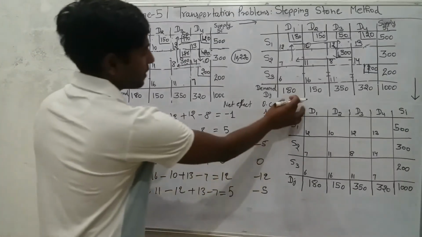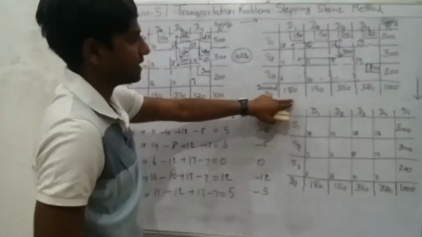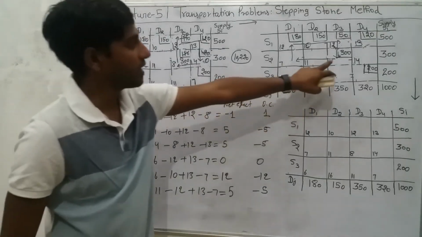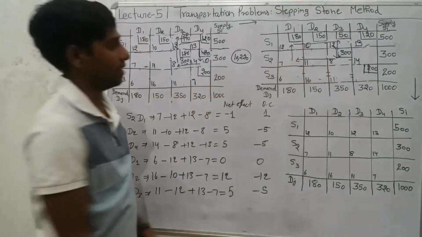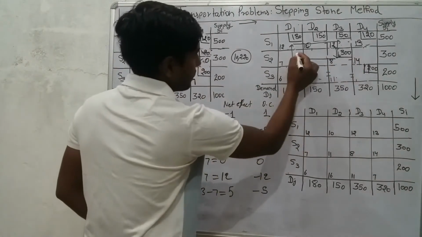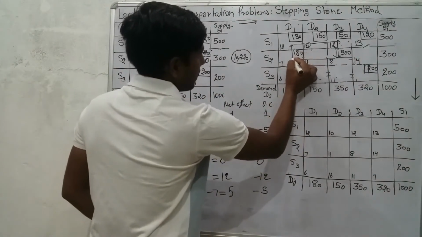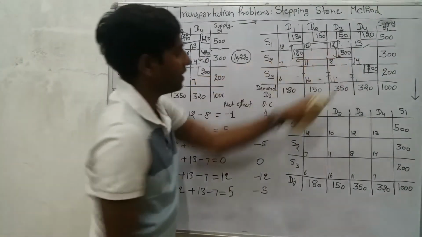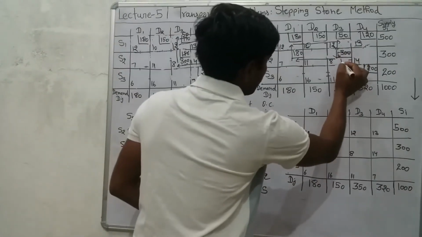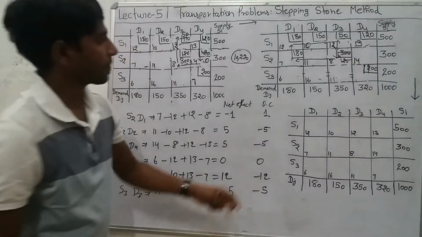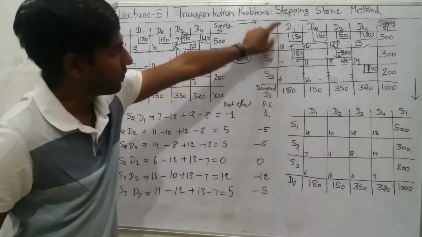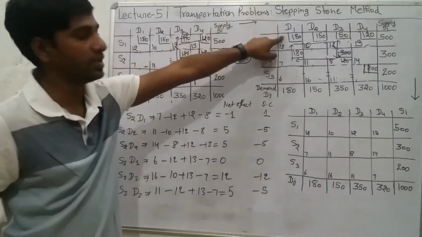So what's the maximum requirement of destination 1? That is equal to 180. So at max we can transfer only 180 units to this cell. So from here we are transferring 180 units to this cell. So how many are left here? 120. Okay. Now to balance it out, we have to shift these 180 units where?